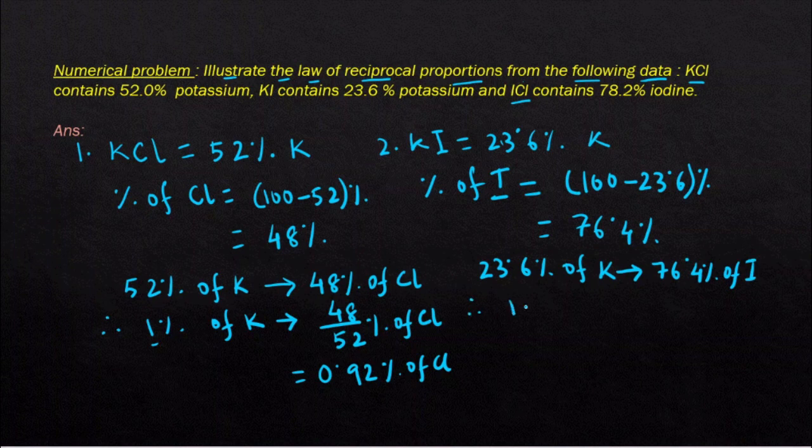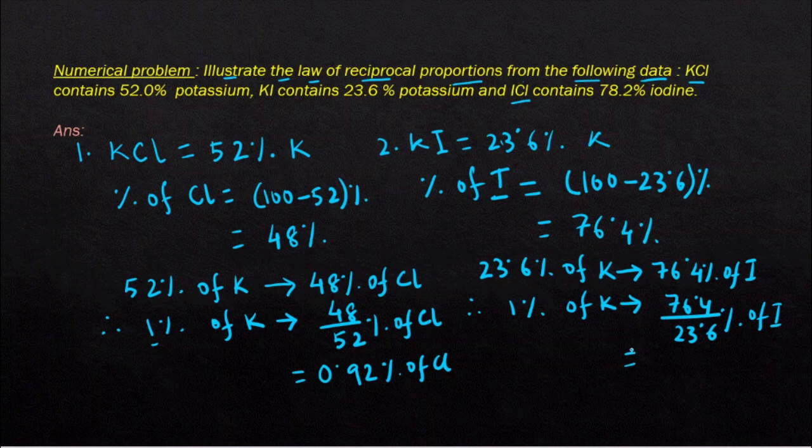Therefore, 1% of potassium can combine with 76.4 divided by 23.6 of iodine.